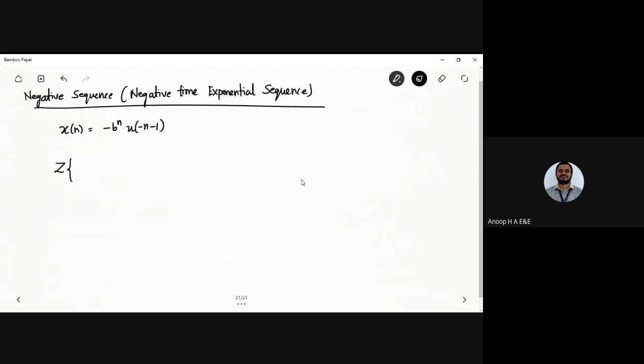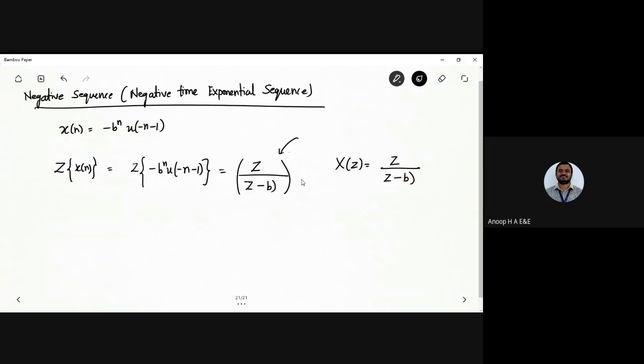If I take the z transform of this function, I get the z transform of minus b power n u of minus n minus 1, which would be z divided by z minus b. So this is the z transform of the given negative time exponential sequence: x of z equals z divided by z minus b.